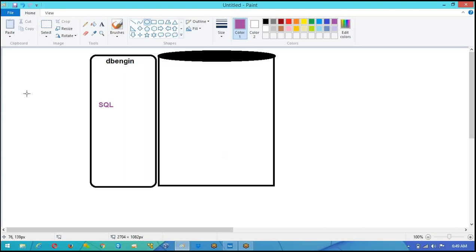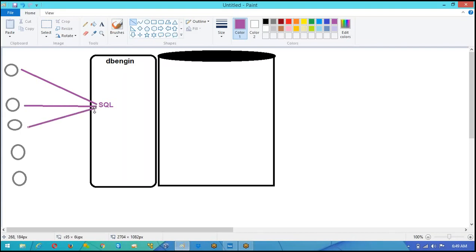So database users, the end users, work with SQL commands. So this SQL deals with the database.